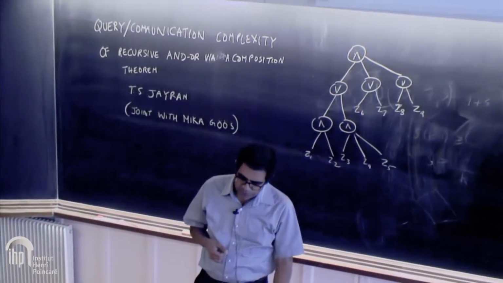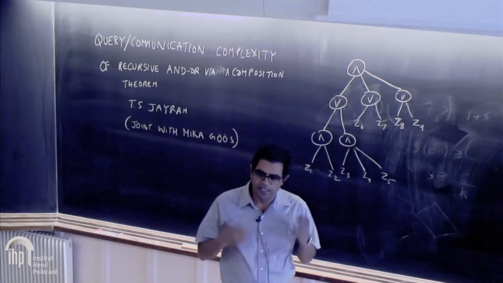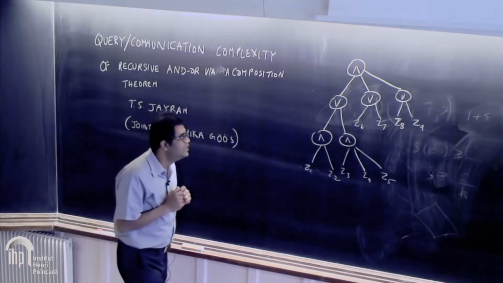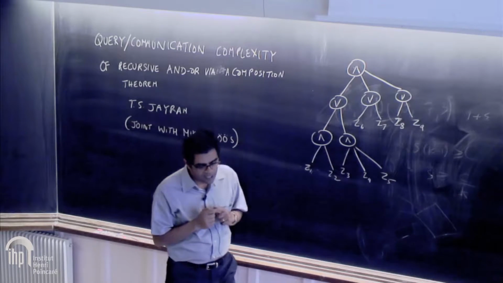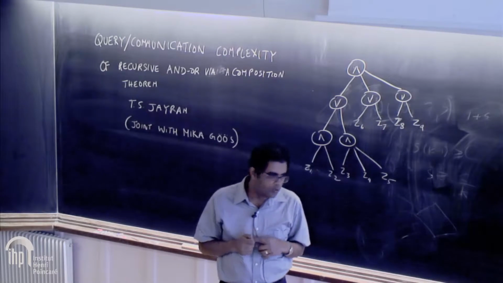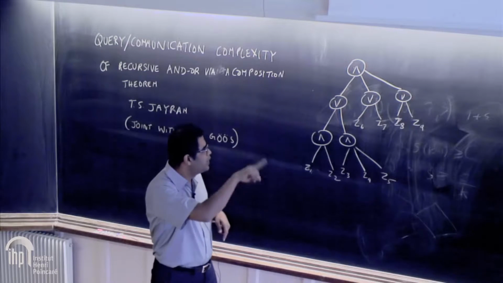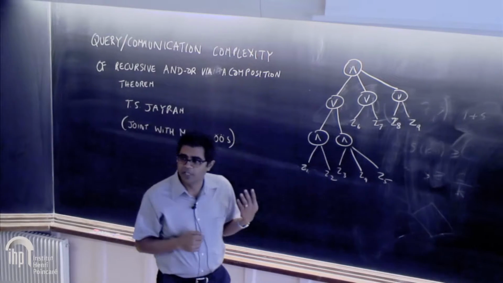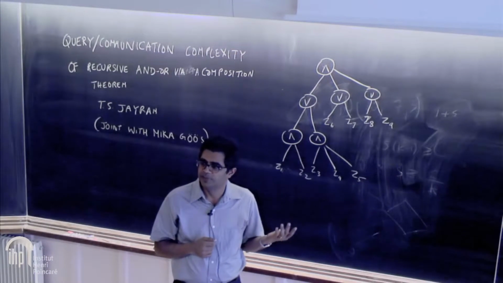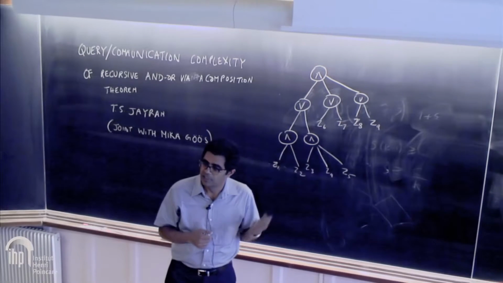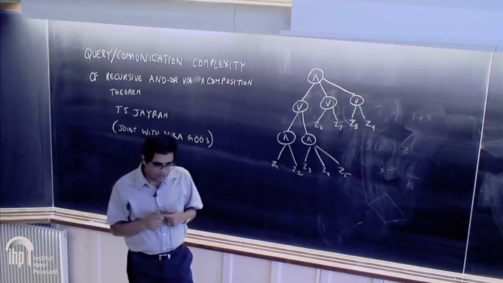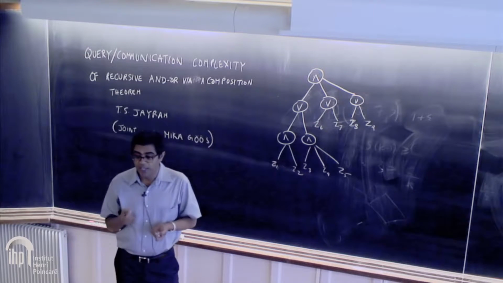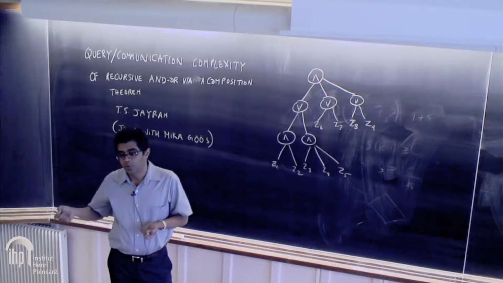And so one of the key things that people in AI did was to realize that you can try to evaluate this game tree by using short circuit evaluation and save on having to query all the variables. So I'm interested broadly in the query and communication complexity of this AND OR tree evaluation. By query complexity, I mean the number of variables that I need to query.